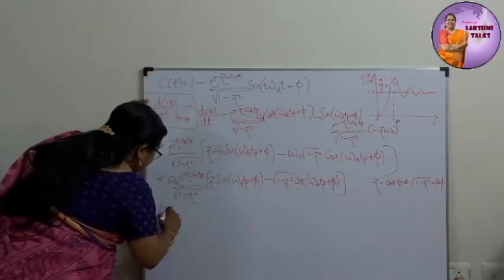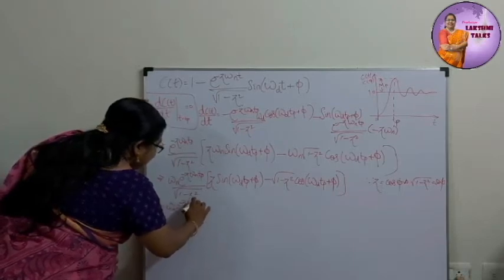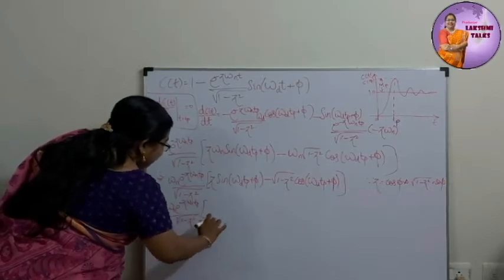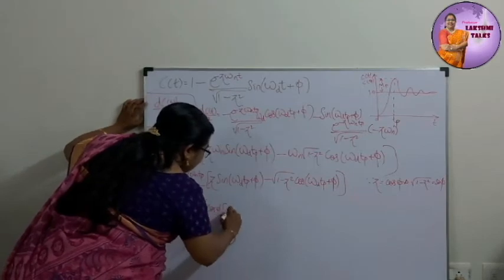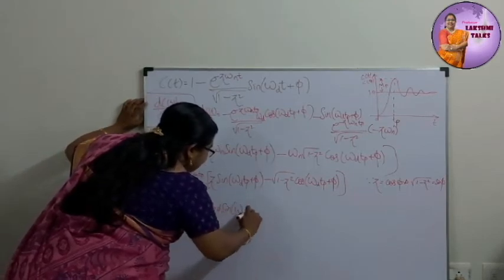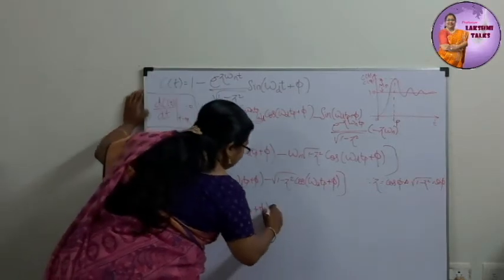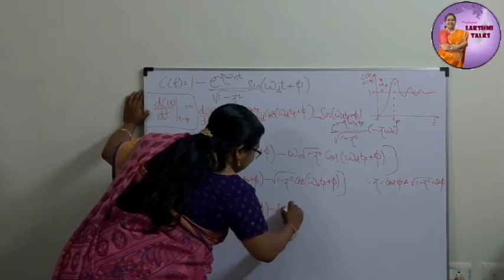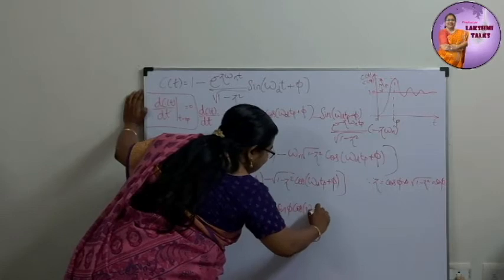This is equal to omega n e power minus zeta omega n tp by root of 1 minus zeta square into cos phi sine of omega d tp plus phi minus sin phi cos of omega d tp plus phi.